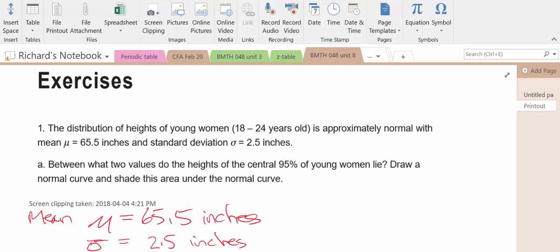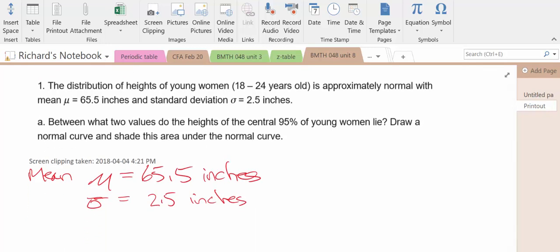Well, the mean is 65.5 inches, which means that, if the standard deviation is 2.5 inches, that's one standard deviation. Two standard deviations is going to be 2 times 2.5 inches, which is 5.0 inches.